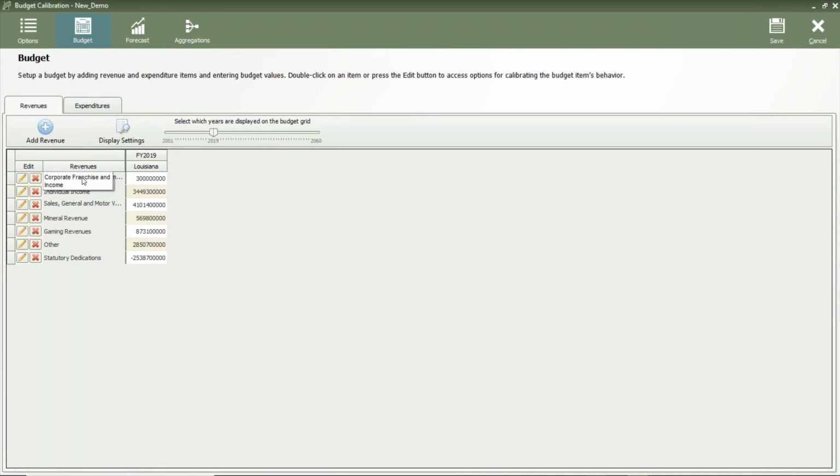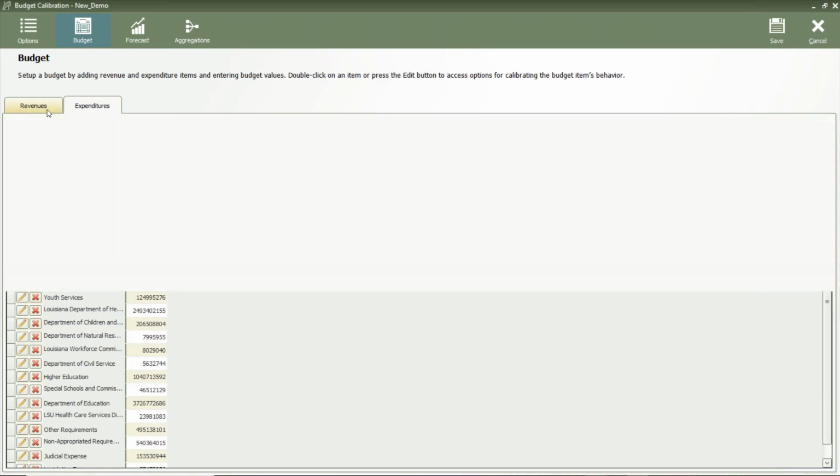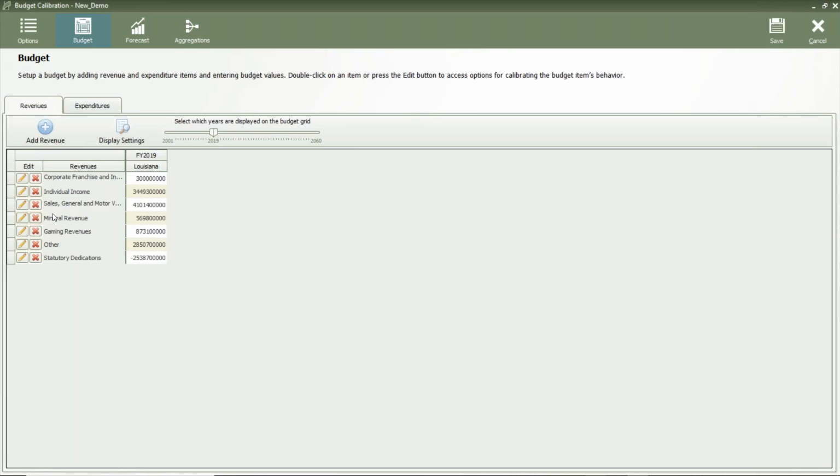You can enter in all the categories of revenues here, as well as all the categories of expenditures. So revenue, for example, we can go and see the individual income, and I will open this up.